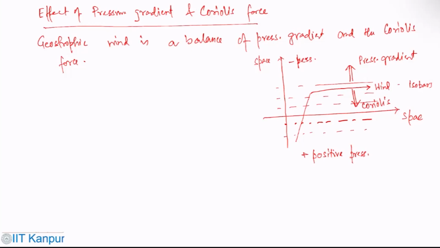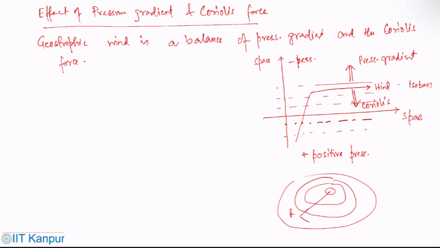Another way to look at the same thing: this is R, and here you have VGO. This is your low pressure region.